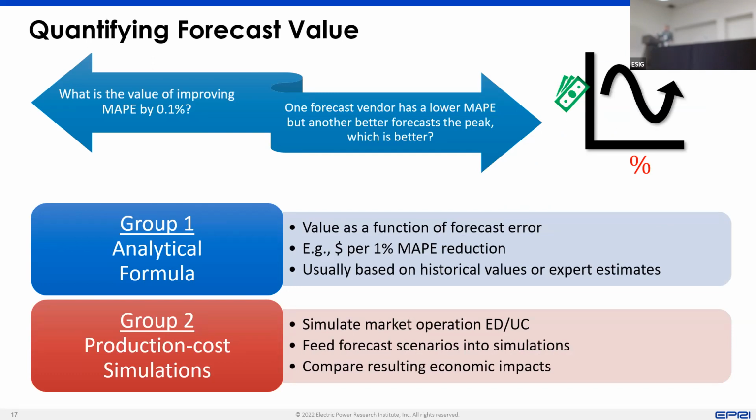And then if I improve my error by a certain percent, that might save me that amount of reserves, and therefore I might make that saving. The problem with that is that it's assuming almost a price-taker model, if you think about energy storage evaluation. So it's assuming that the forecast being better doesn't actually change the rest of the system and the way we'd operate the rest of the system.